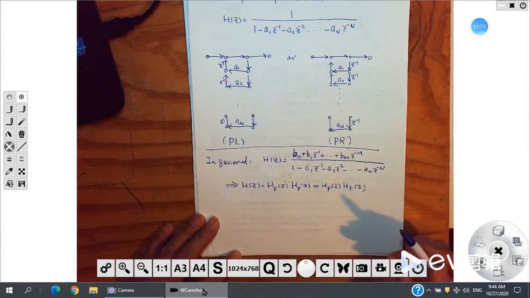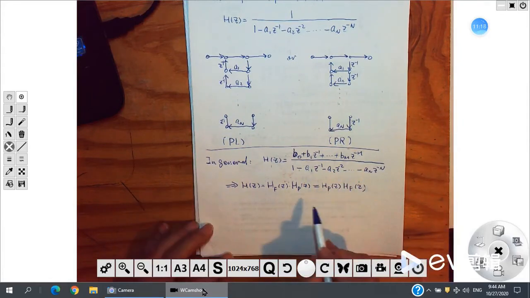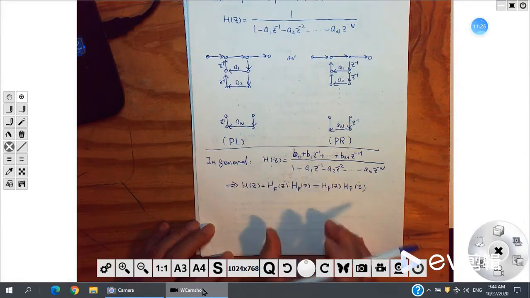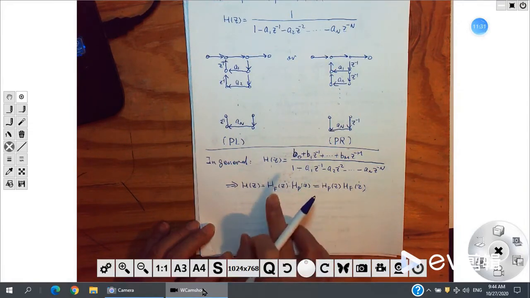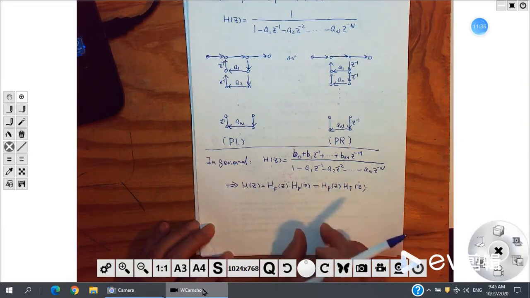In terms of math, these two are the same. But as a structure, when you have two transfer functions multiplied together, there should be a cascade connection, right? So the order is different. Like this one, you put F on the left side. This one you put P on the left side.